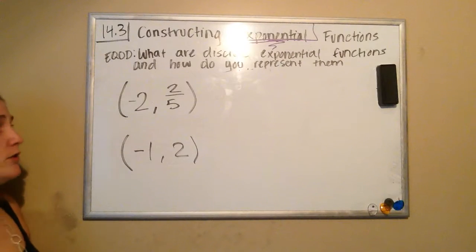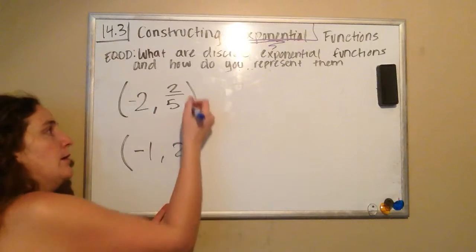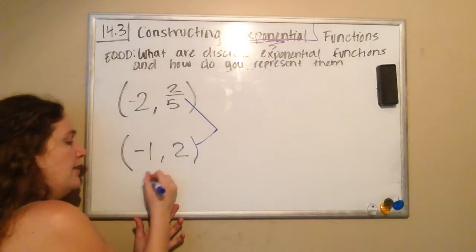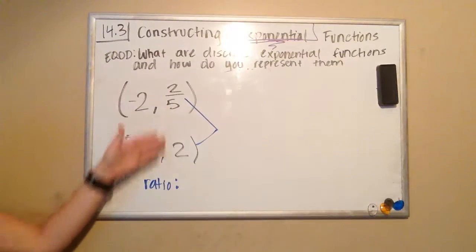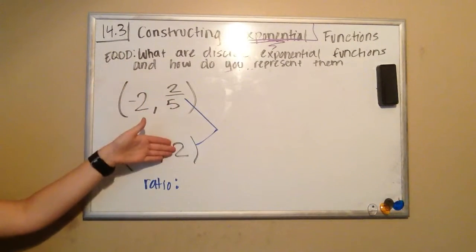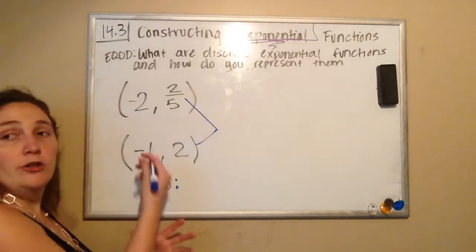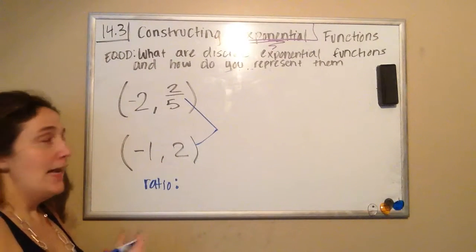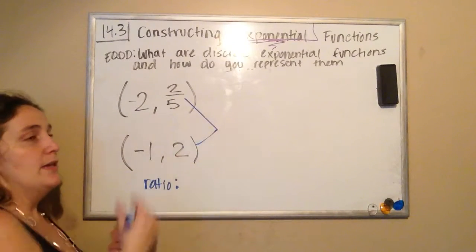So what we need to do is first find the ratio, because we can find that by basically doing the same thing as we do for the slope. So we're thinking about how much we have to multiply 2/5 by to get 2. So we could also look at working backwards, and instead of figuring out what we need to multiply by, figuring out what we need to divide by.